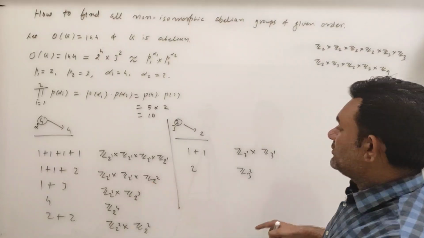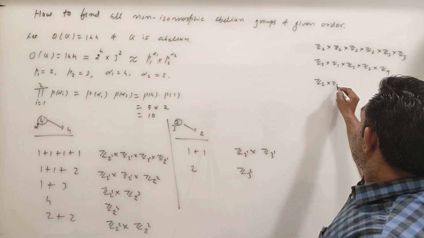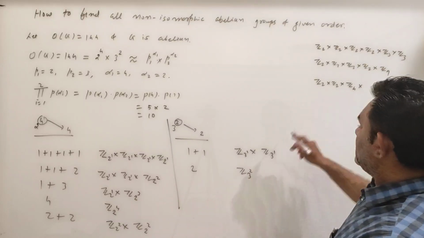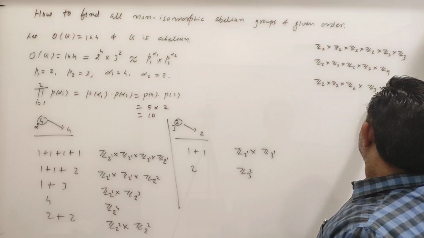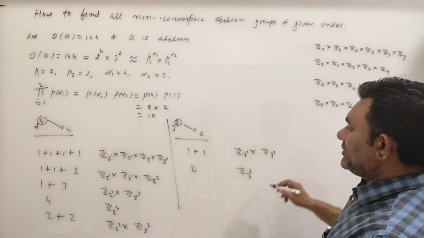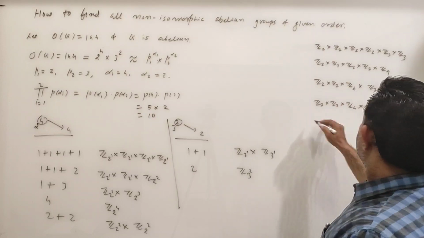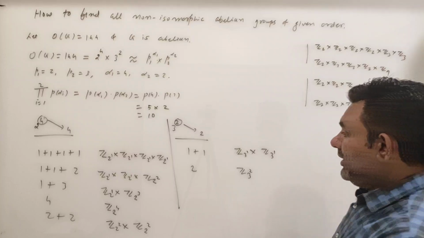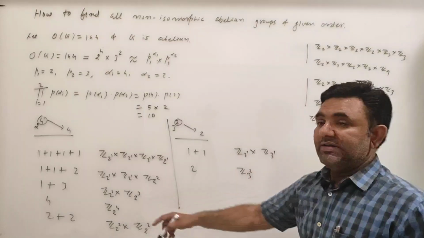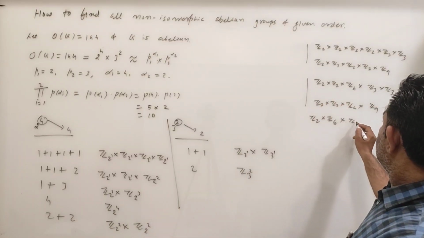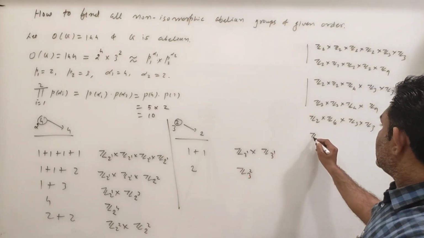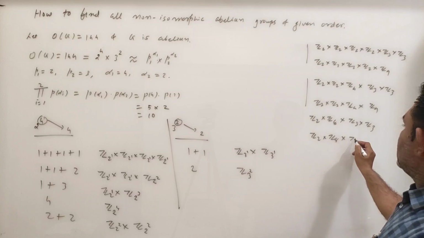Now this one, it is Z2 cross Z2 cross Z2 square, 2 square is 4, cross Z3 cross Z3, and similarly Z2 cross Z2 cross Z4 cross Z9. So these two. Now with this one, it is Z2 cross Z2 cube, that is 8, cross Z3 cross Z3, this one. And now with this one, that is Z2 cross Z8 cross Z9.